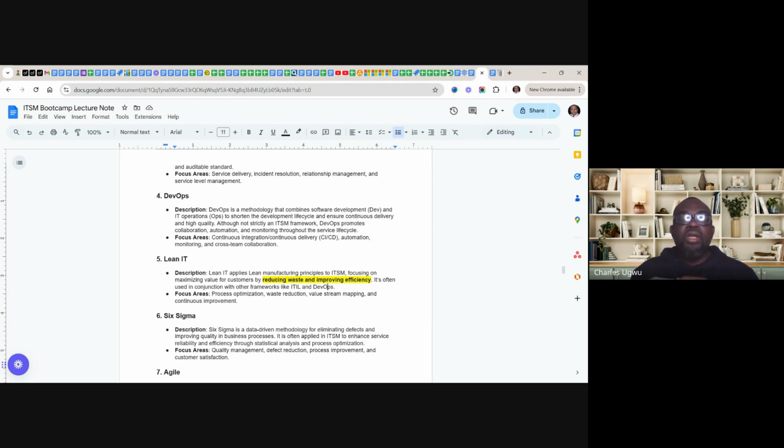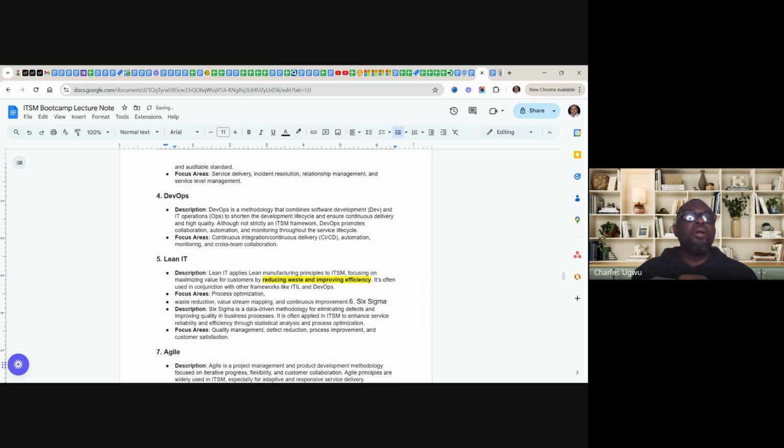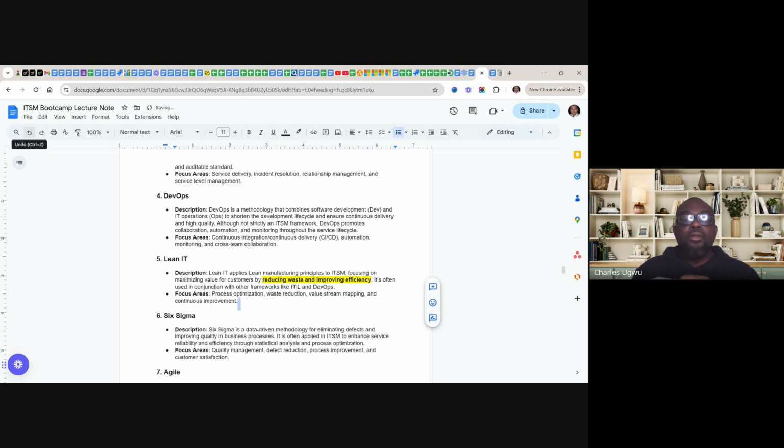The focus areas are process optimization, waste reduction, value stream mapping, and continuous improvement. Like I said, it's mainly on waste reduction.